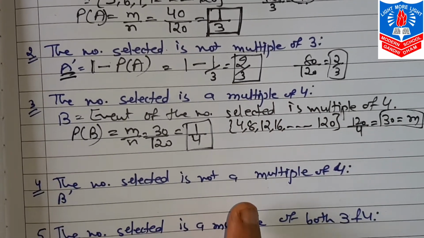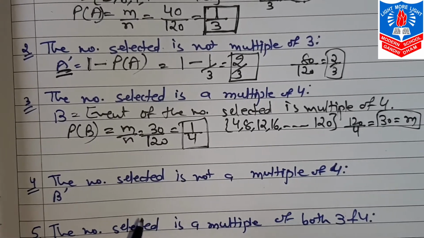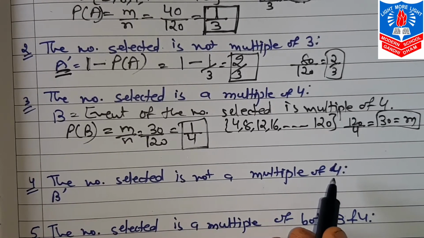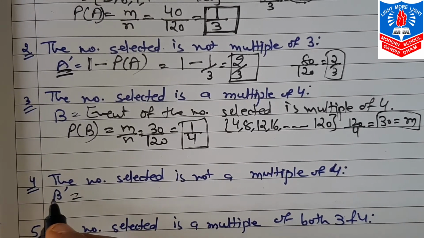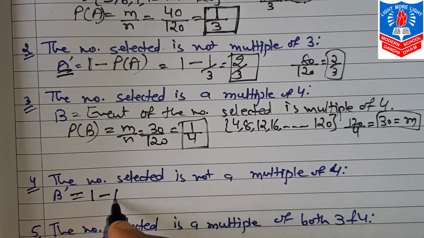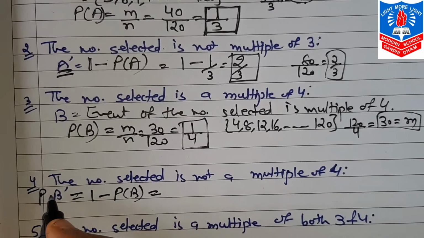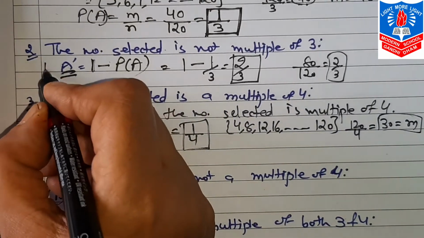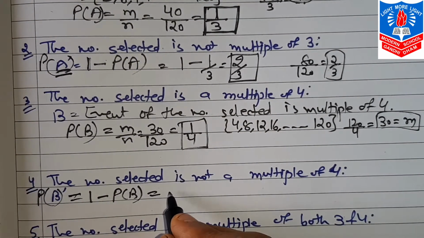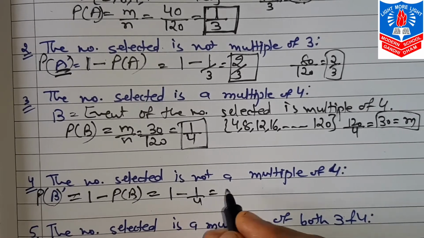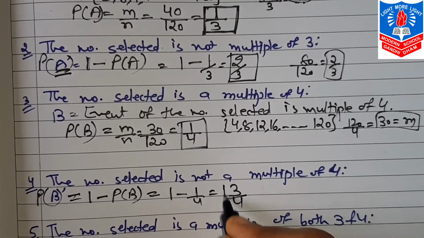Now next, the number selected is not a multiple of 4. Again it's B dash. How do we find it? 1 minus probability of B will be the probability of B dash. So 1 minus 1 by 4 will be 3 by 4.